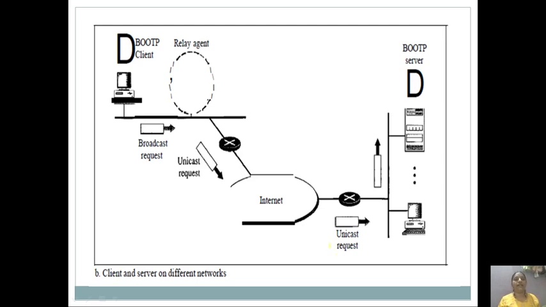Now, in client and server on different networks, how does it work? Here, the Bootstrap client is in one network, and the server is in another network.